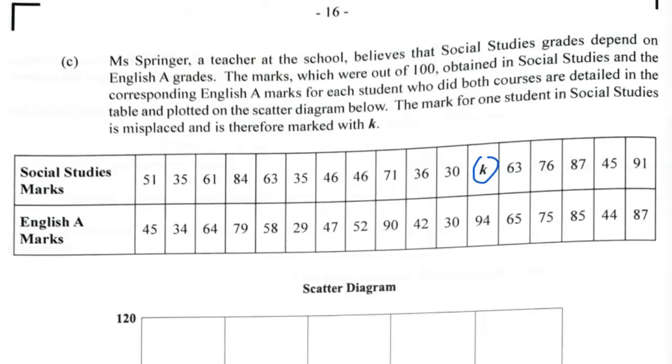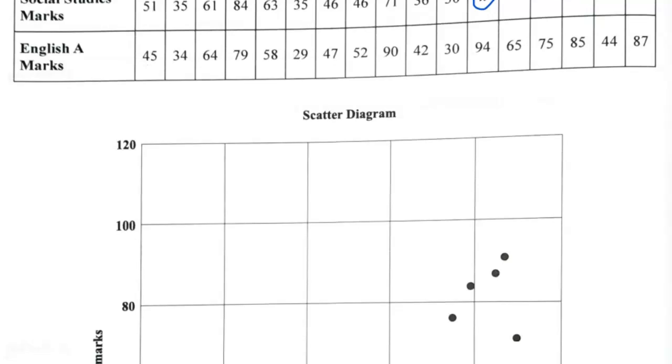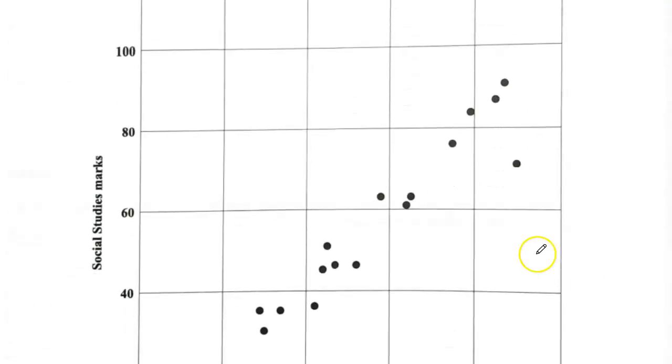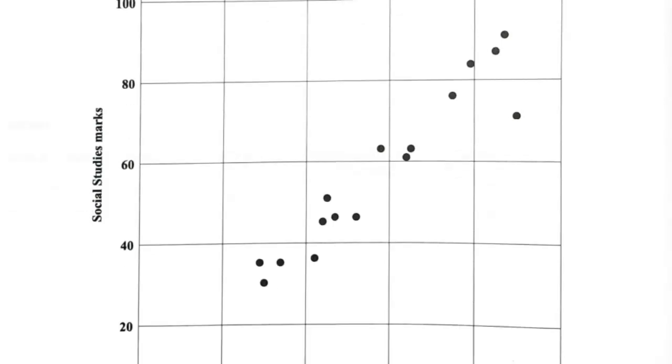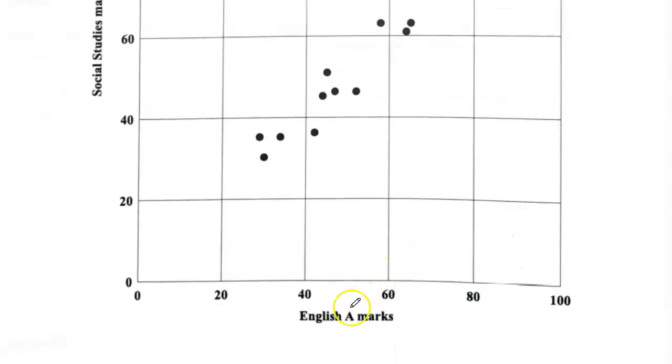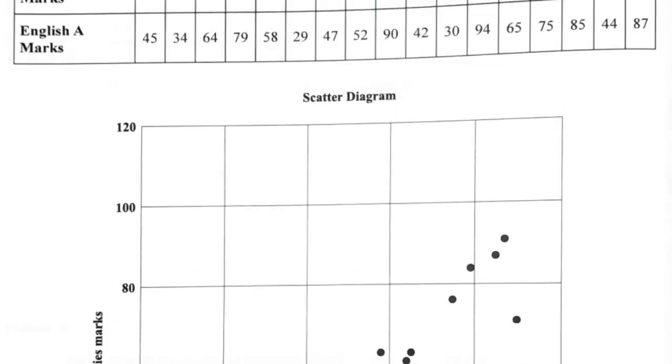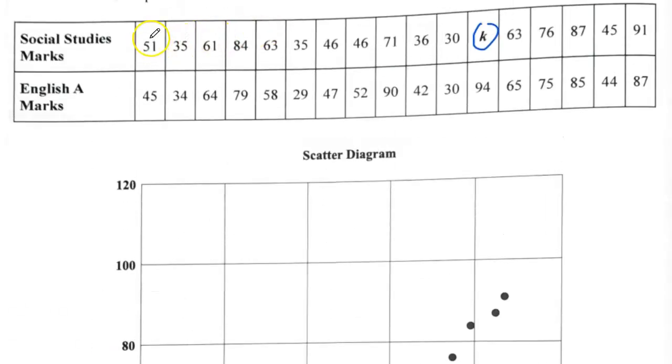And the scatter plot, notice we have a scatter plot diagram here. On the horizontal x-axis we have English A, and on the vertical axis we have social studies. So for example, the first student got 51 for social studies and 45 for English.